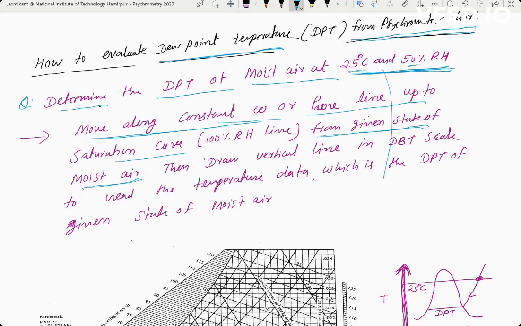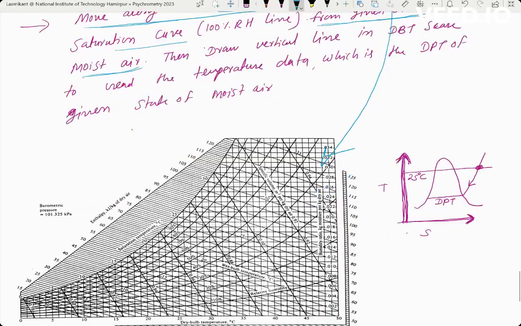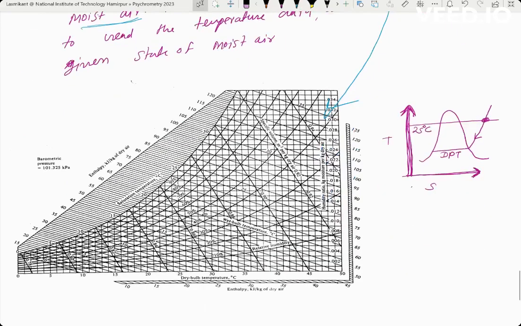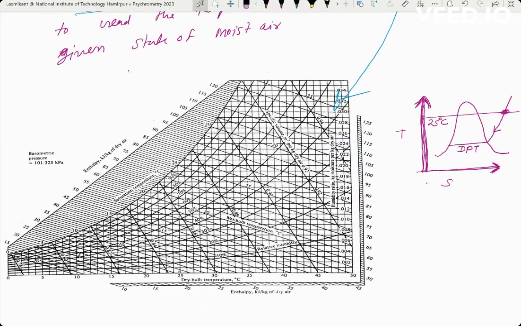We find the 25 degrees Celsius line, draw the vertical line, and this line intersects the 50% relative humidity line. So this is the given state.